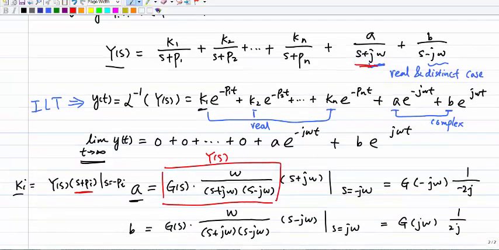So I have g of negative jw. I keep this one and replace the s by negative jw, so the plus part will be cancelled out. So I have w divided by s minus jw.